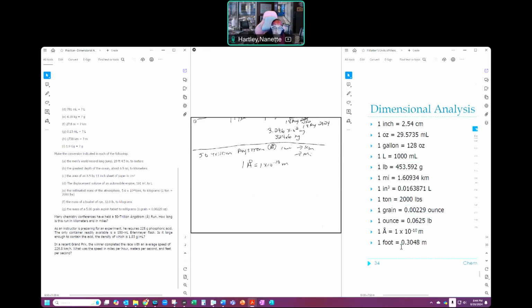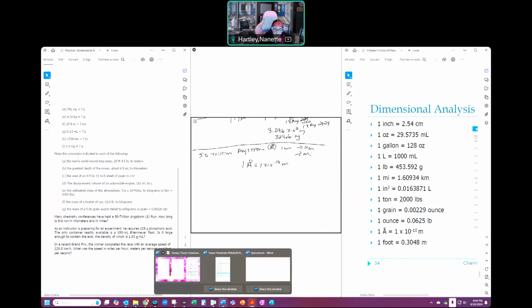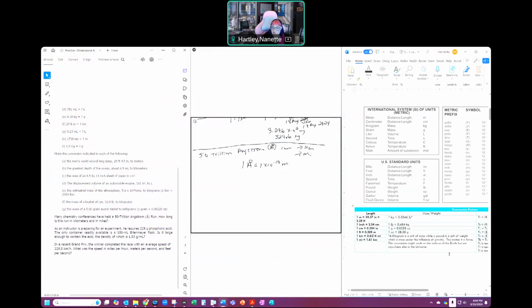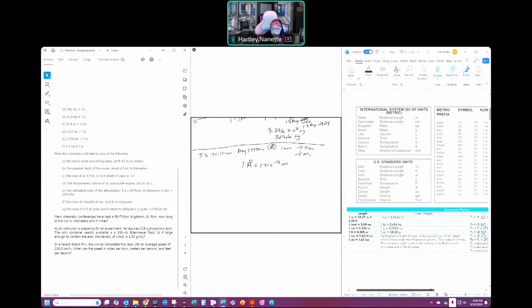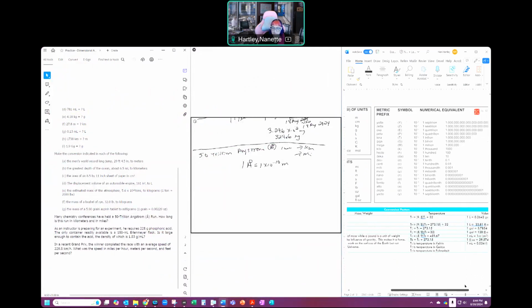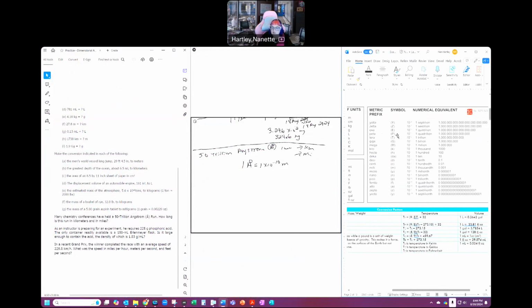And actually, if you look in your exam handouts, this information is there. It's just not where you think it might be. Okay, so we found it, and we can use it from there.